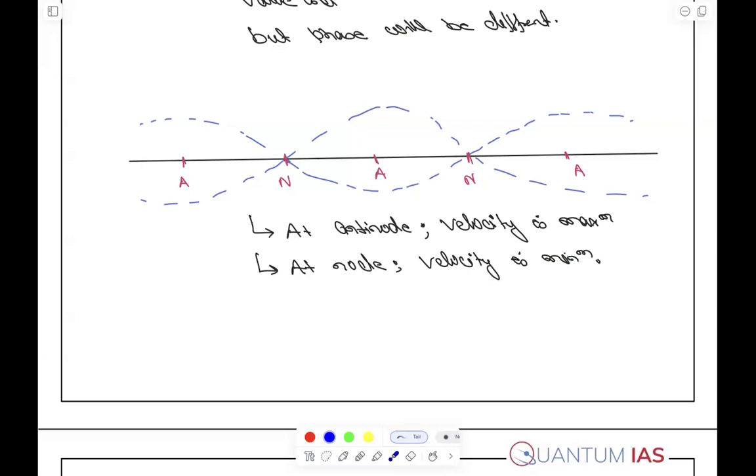What was longitudinal wave? Motion of particle will be parallel to that of the medium.